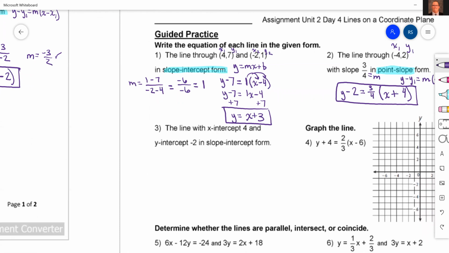Okay, number 3. They want the line with the x-intercept of 4, a y-intercept of -2, and they want it in slope-intercept form. Which one is slope-intercept form? y equals mx plus b.